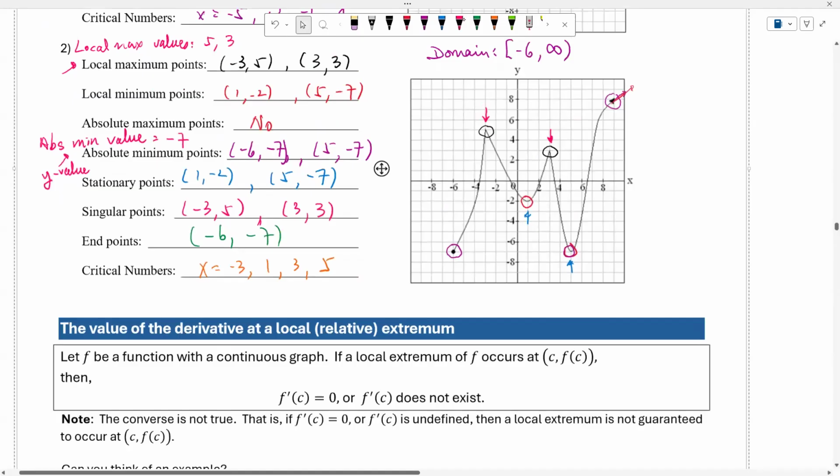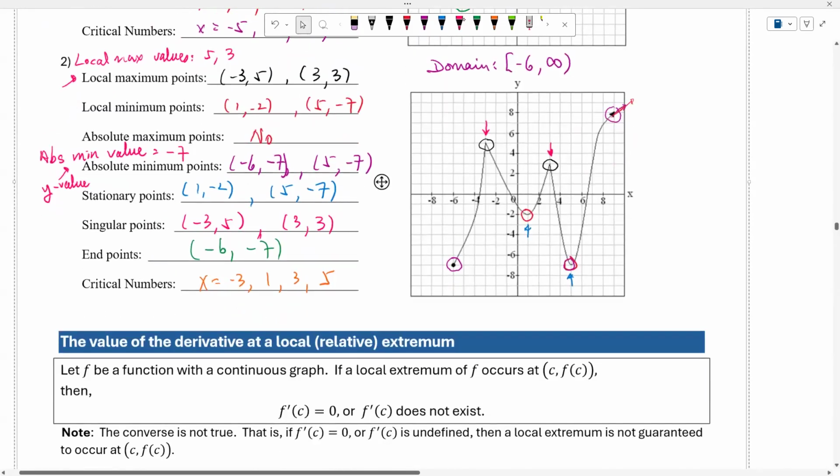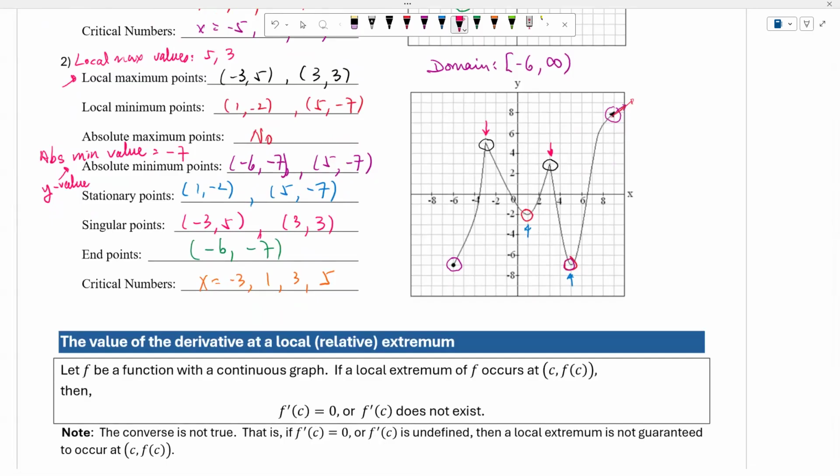And then you will see that here, I actually have continuous functions. Then do you see that in this case, my local extremum, meaning these 4 points right here, either has f prime of c equal to 0, this one and this one, or f prime of c does not exist, which will be the ones carrying the singular points. Okay.